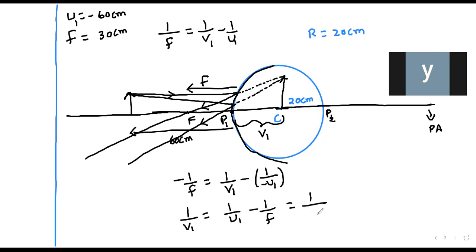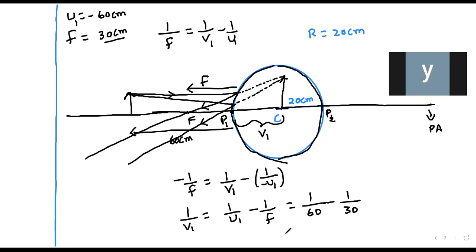Okay, we'll get the corresponding V1. Now this V1 will act as an object for P2. For this surface, the focal length is 30, this surface also has focal length 30 only, right?